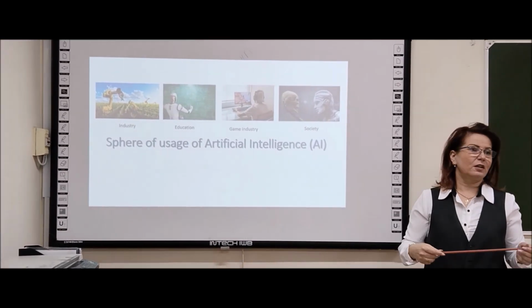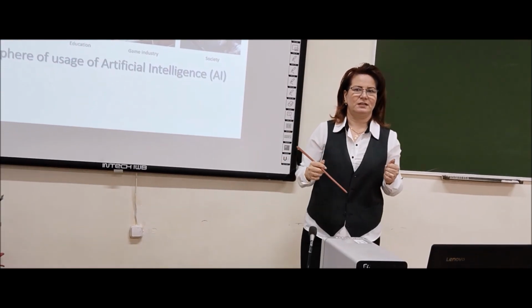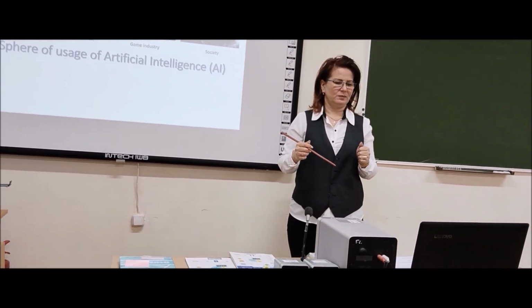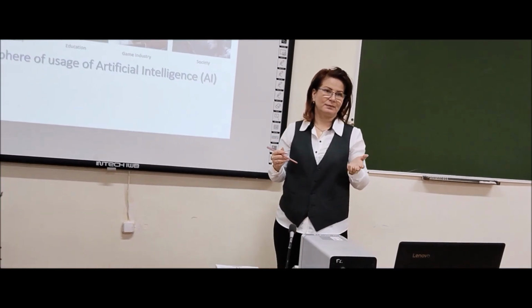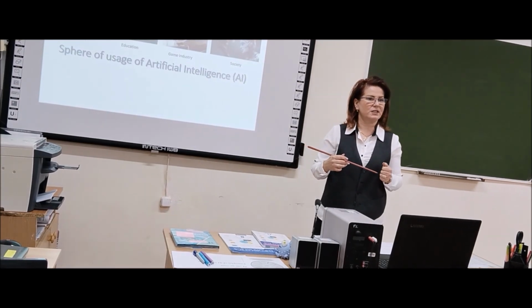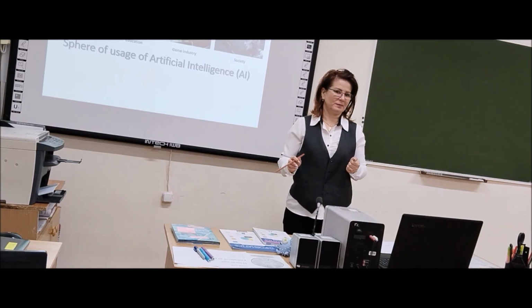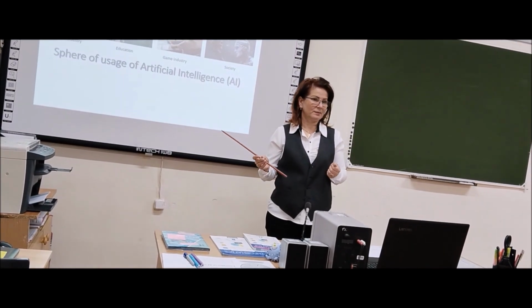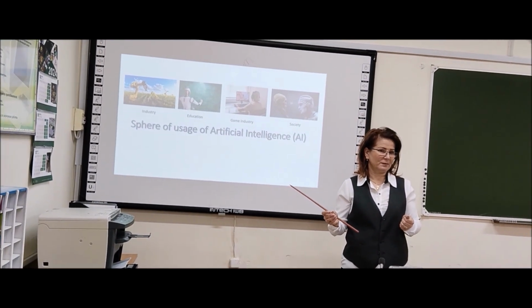Thank you. Let's think, what will be the main goals of our lesson? What is your idea? Describing the apps of artificial intelligence. What will be our result, success criteria? Maybe to know and describe artificial intelligence in these spheres.